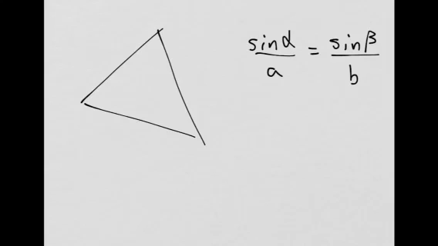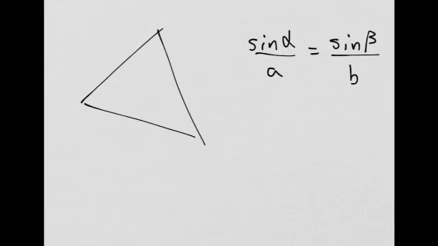Suppose I write down some version of the law of sines. So sine alpha over A equals sine of beta over B. If I have alpha, A, and B, and I'm trying to solve for beta, I can do that.